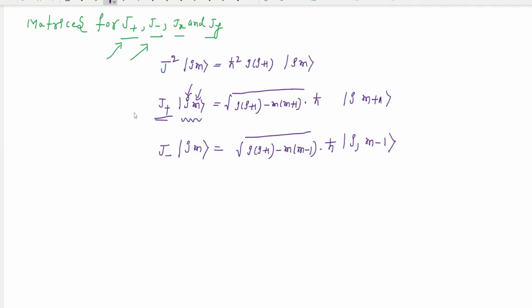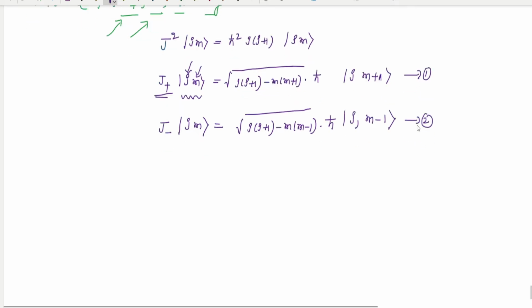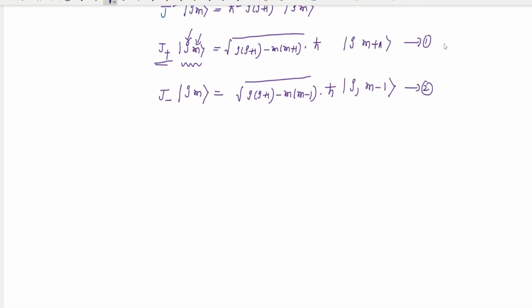So this is equation number 1, and this is equation number 2. Here I'm going to multiply equation number 1 by the bra vector, this bra vector J prime and M prime.